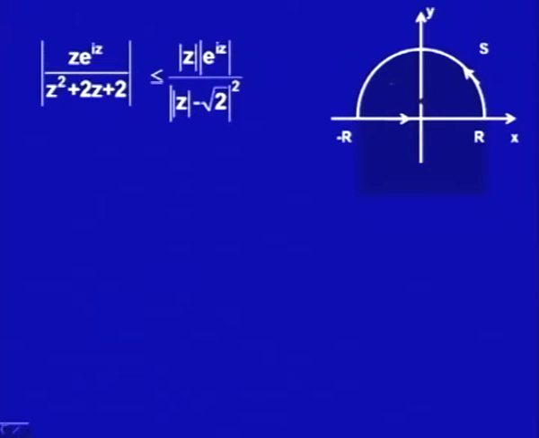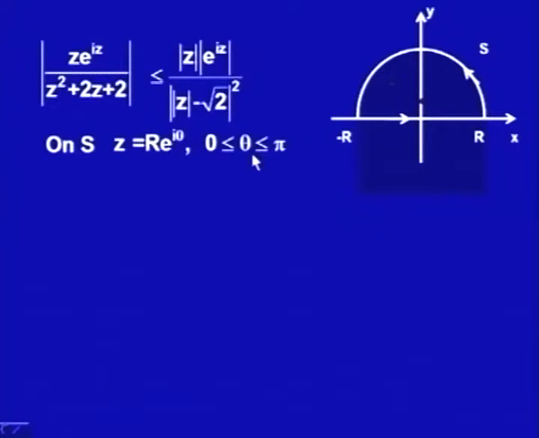Now, we want this integral on this semicircle S. On this semicircle S, we can use the parametric representation. On S, z I could write as r e to the power i theta for this fixed r, and theta ranging from 0 to pi. This is the parametric representation of my semicircle.